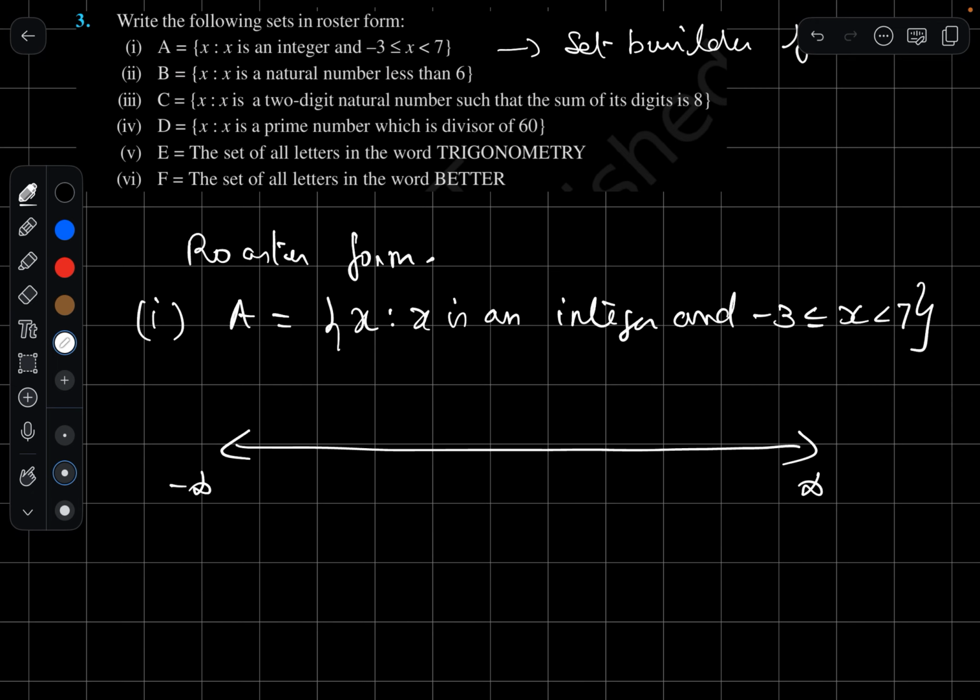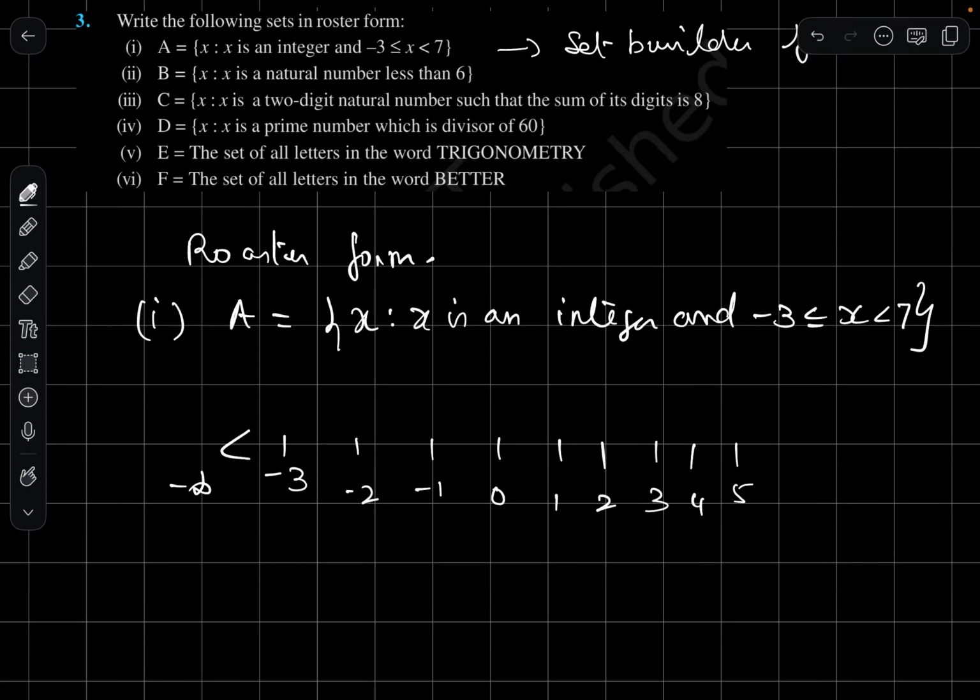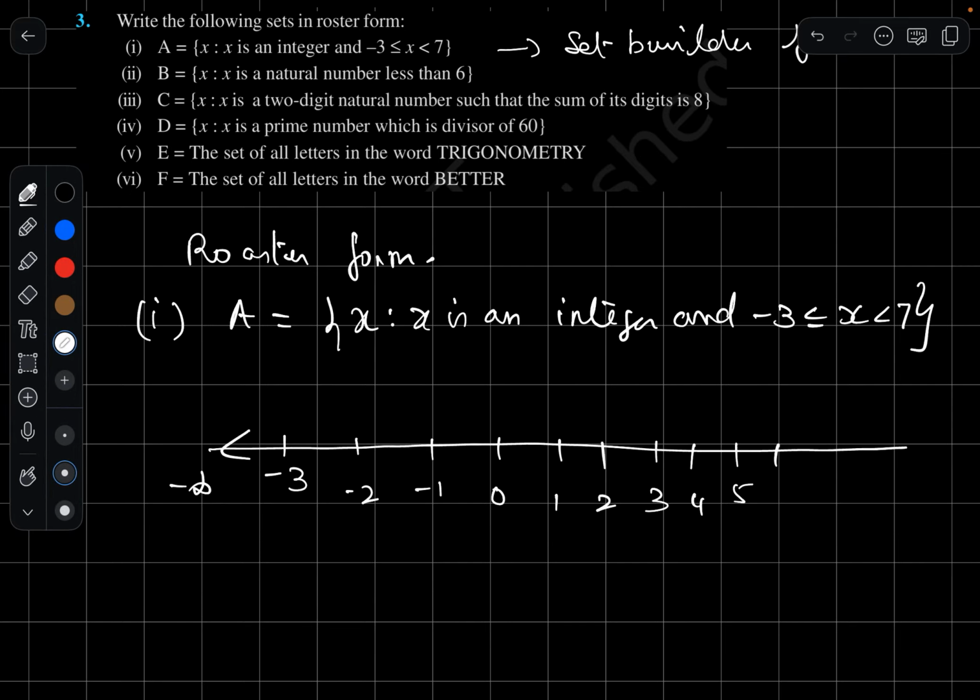Starting from minus 3, I will write minus 3, minus 2, minus 1, 0, 1, 2, 3, 4, 5. Since it goes up to 7, let me extend this line up to 7: 5, 6, 7 and 8, and here you have plus infinity.